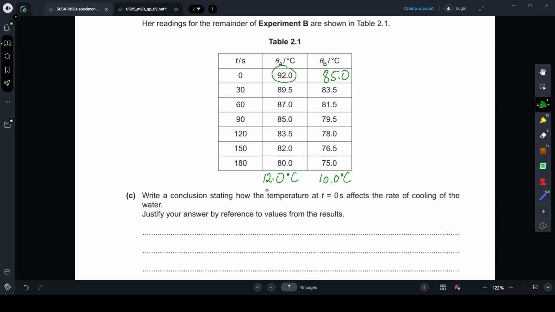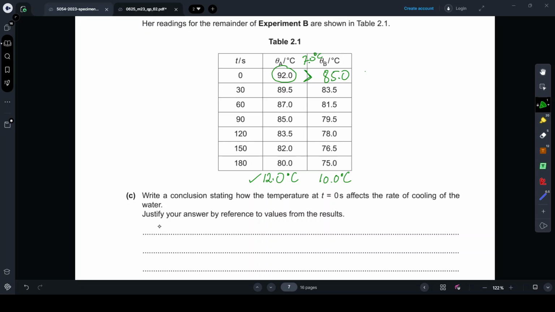the cooling is greater, right? Over the same period of time, you've lost 12 degrees as compared to when you are starting off 7 degrees less. So this is greater than 85, obviously, by 7 degrees. You're starting 7 degrees higher and you're still cooling off by 12 degrees centigrade over 180 seconds, whereas when you're starting at 85, you're only cooling off by 10 degrees centigrade.